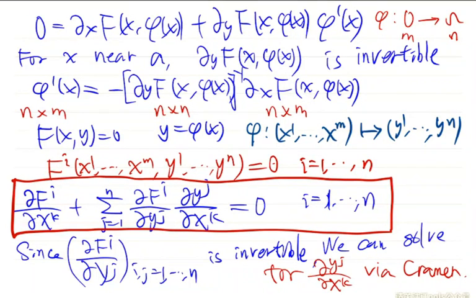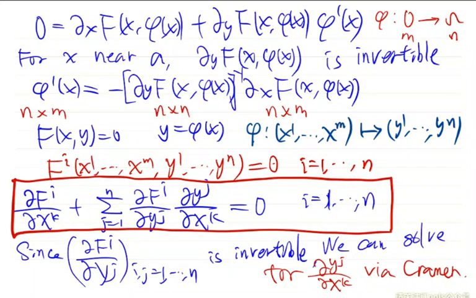So this is a more practical method to compute the derivative of phi at the point x. Remember, yi equal to yi(x1, ..., xm) is the coordinate expression of phi.